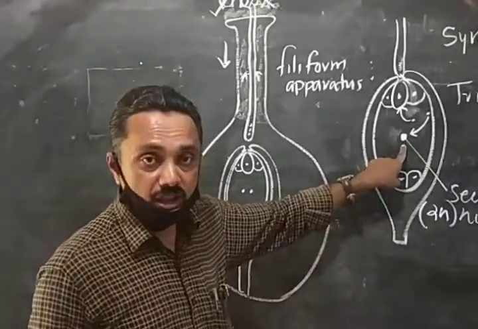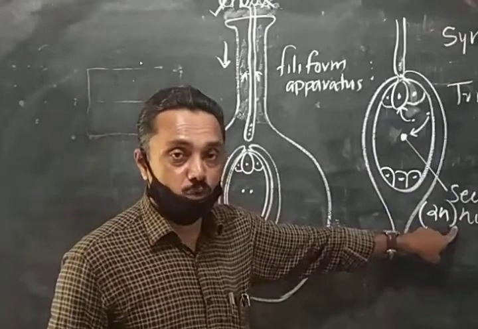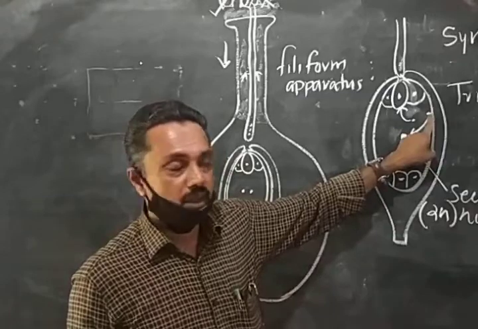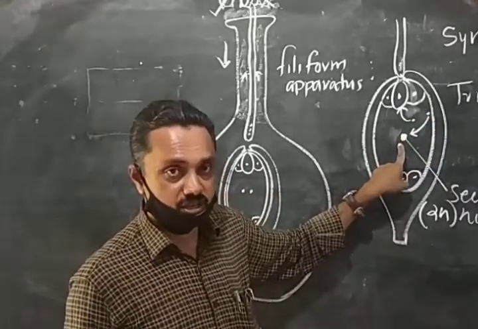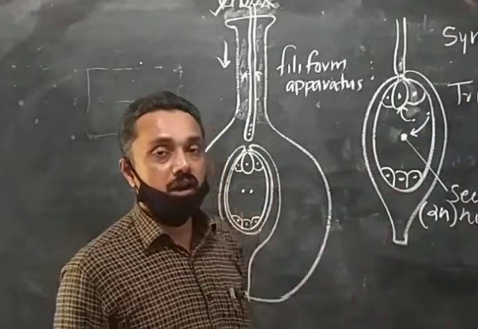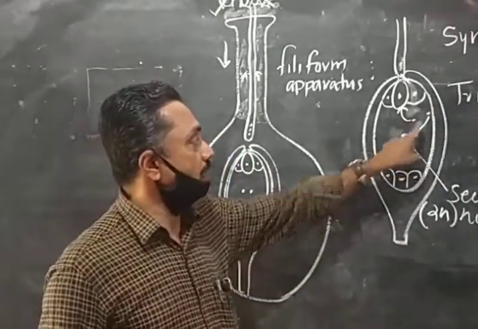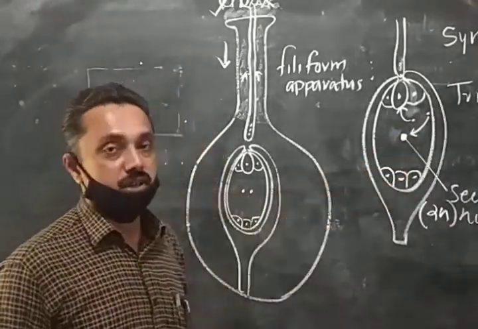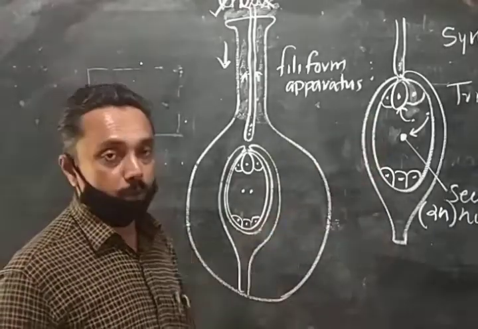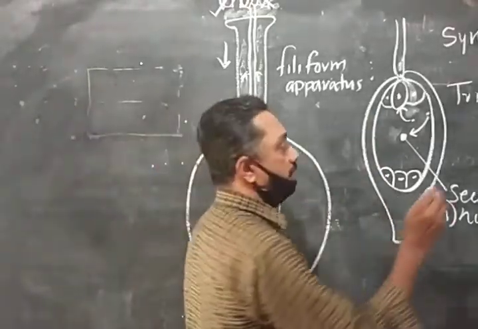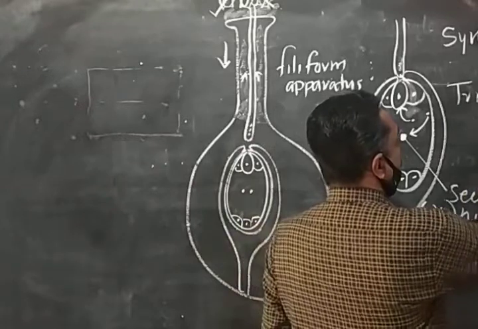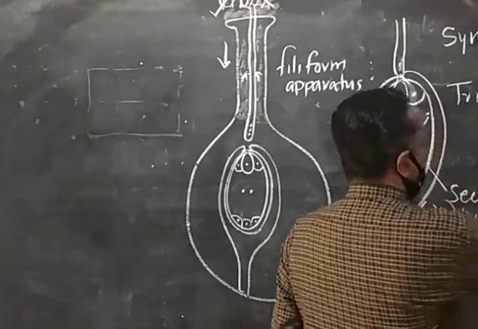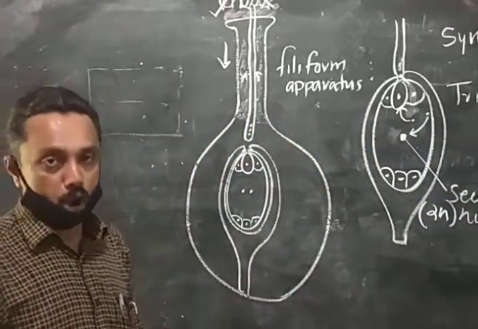Two polar nuclei join to form the diploid secondary nucleus, and the second male nucleus joins with it, resulting in the primary endosperm nucleus, which is triploid.